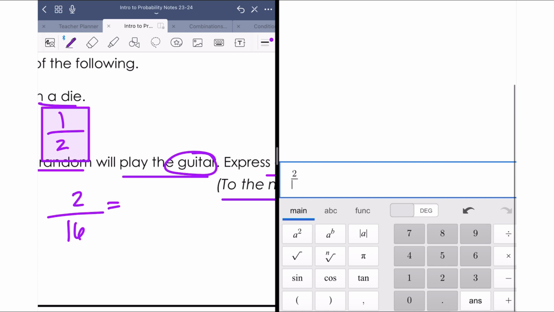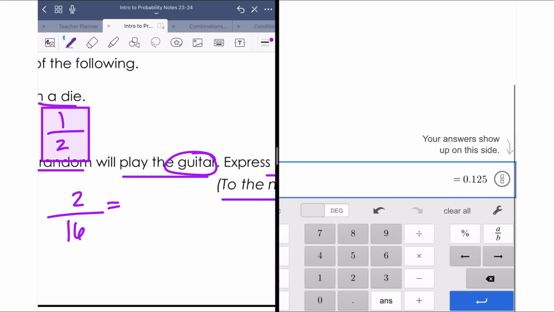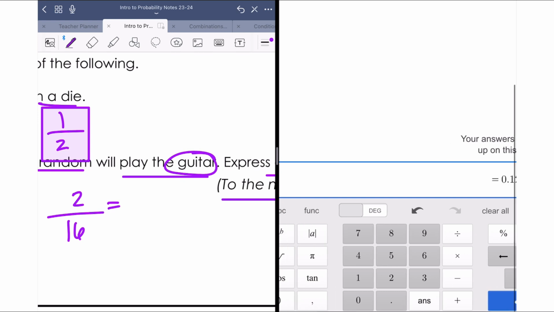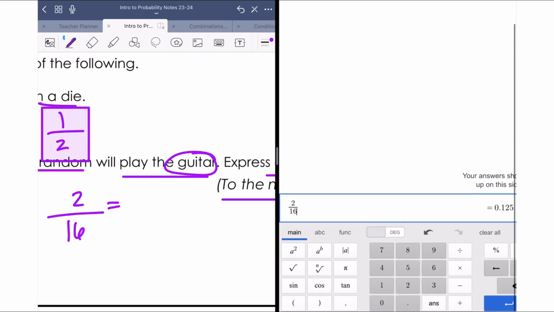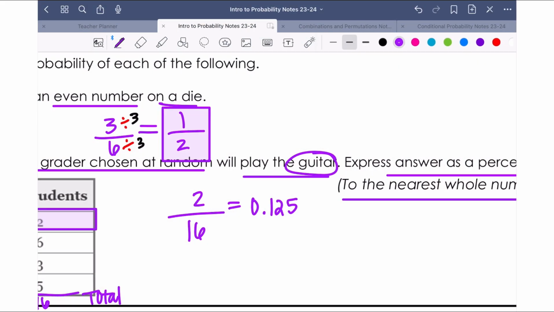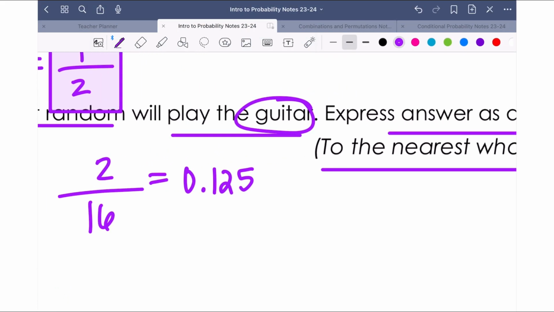All right. 2 out of 16. What percent is that? So as a decimal, it's 0.125. Okay. So write that down. That's the decimal.